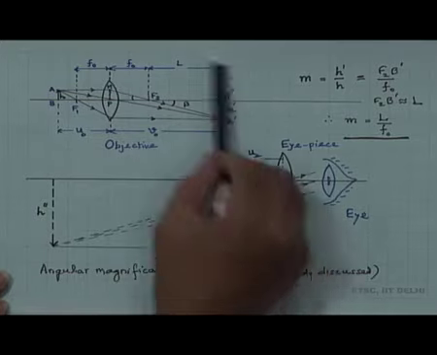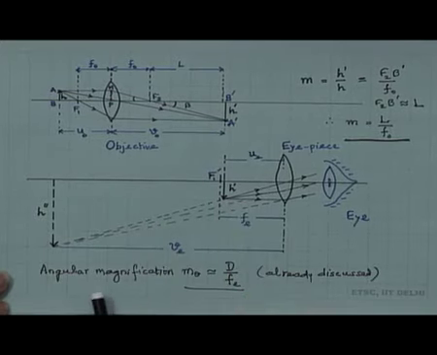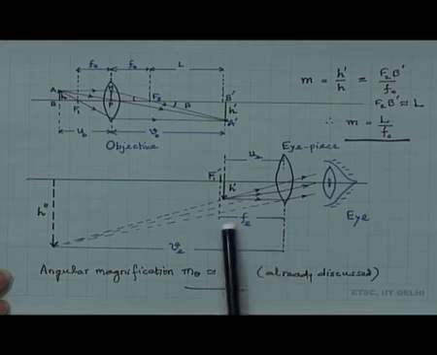So, that is the first magnification. Now, the second magnification we have already derived in detail in the last class: the angular magnification that you get is d by f_e, where f_e is the focal length of the eyepiece.